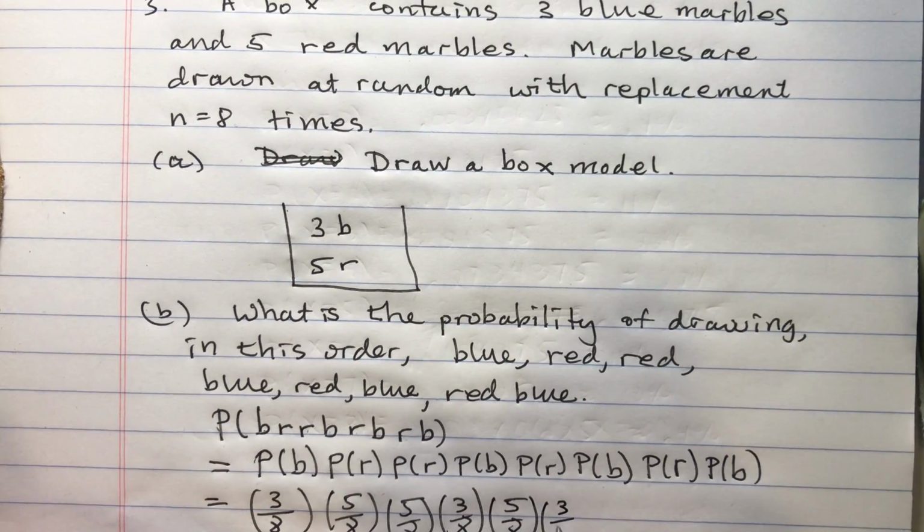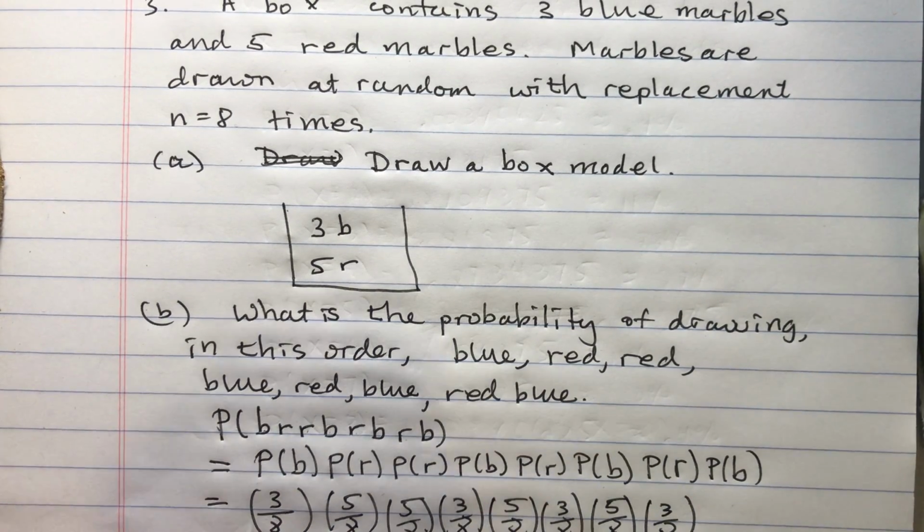There's a lot of numbers here, so it would be right up my alley to get this mixed up. 1, 2, 3, 4, 5, 6, 7, 8. How many blues? 1, 2, 3, 4. So it's 3/8 raised to the 4th power, because we're multiplying 3/8 by itself 4 times, and then there's 5/8, and there's 4 of those.